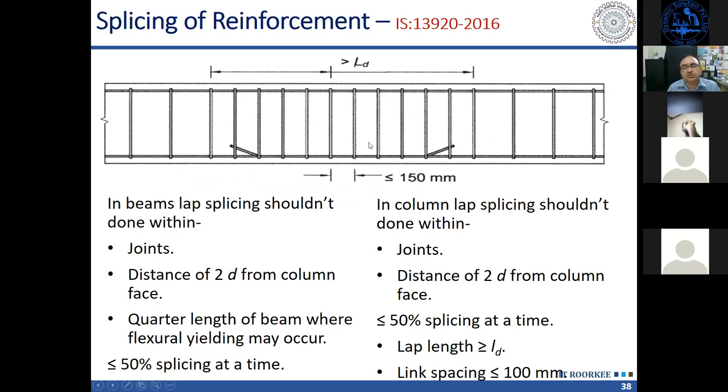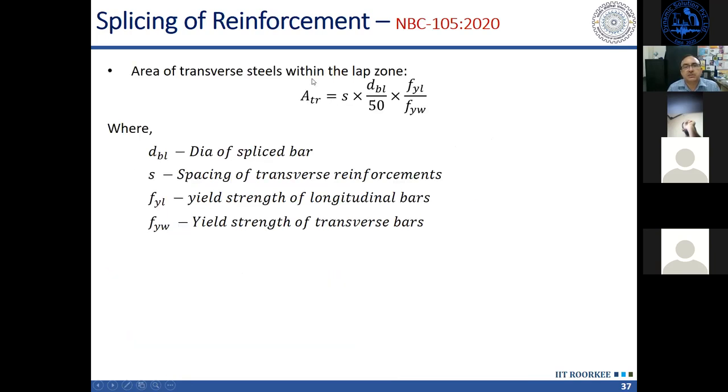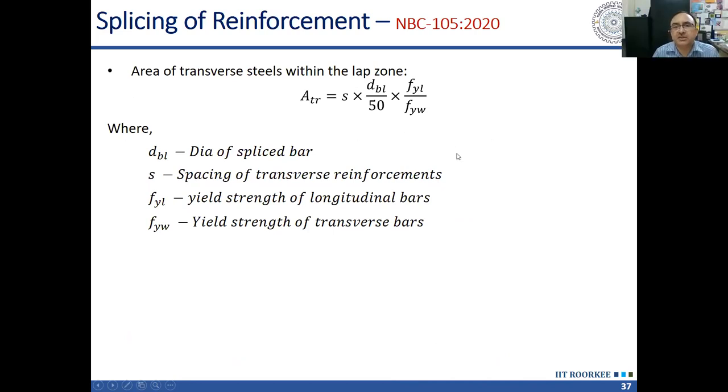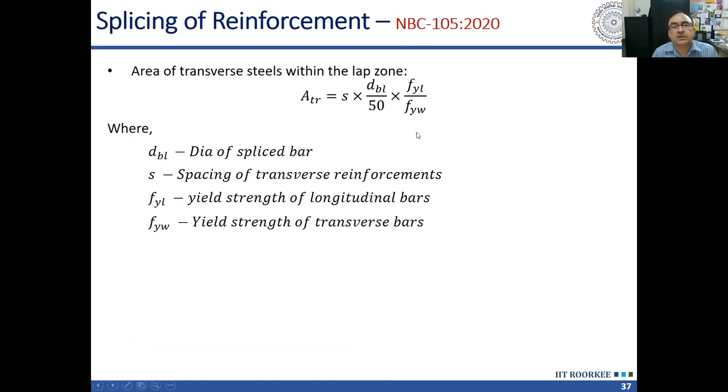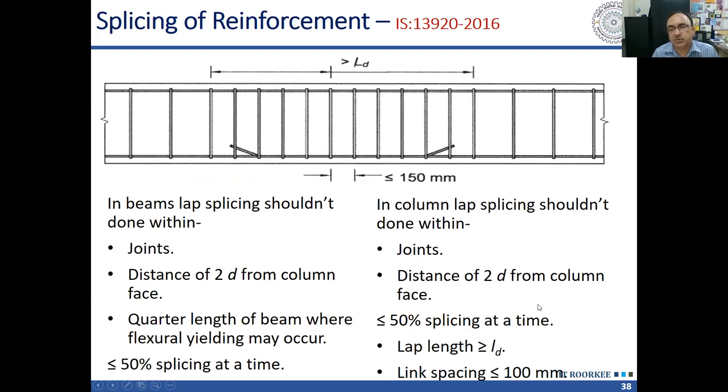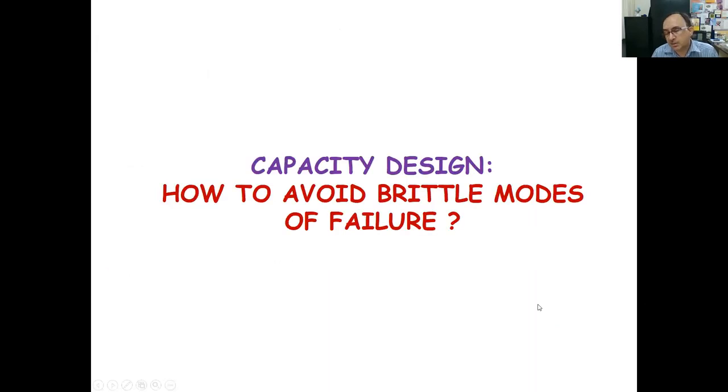But the Nepalese code has come out with this expression, which is different from the transverse reinforcement required in the confinement zone of a beam. Hopefully, I do not know, but most probably this will come out to be lower than that. So the requirement will be less than what we are having in the potential plastic hinge region. So that's about the confinement of concrete and anchorage of the reinforcement.